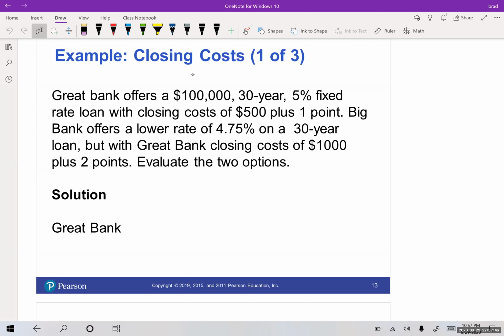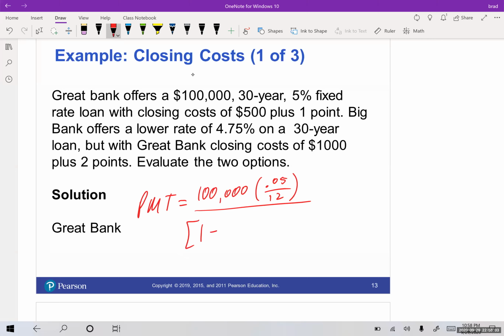Okay, so let's take a look at this. We're going to do the same thing again. We're going to do PMT, and we're going to do a $100,000 loan, and we're going to do 0.05 divided by 12. And then we're going to just write out our formula once again: 1 minus (1 plus 0.05 divided by 12) to the power of negative 12 times 30, because it's a 30-year loan.